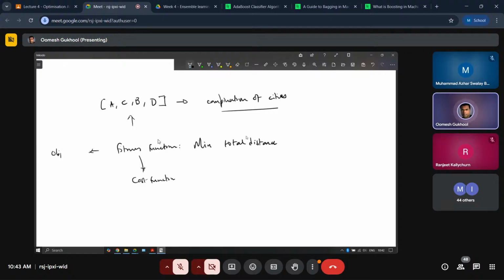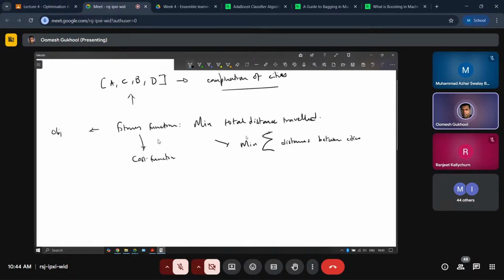So the fitness function will be: minimize total distance traveled. So basically, the fitness function will be a summation, minimize the summation of distances between cities. You can just put it this way, okay? So you get 3 marks. You have to explain, obviously, okay?